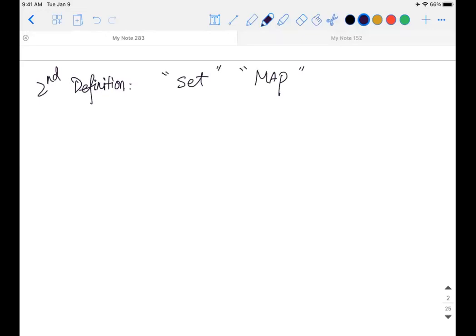So from a set, a map's perspective, how can I define a function? How can I use a more mathematical way to present whatever we just defined using the primitive definition? So here's the second definition. A function can be defined as a map.